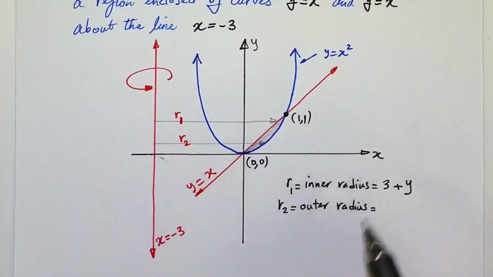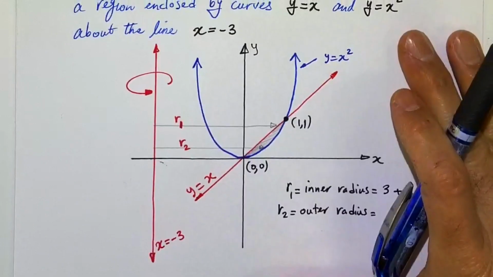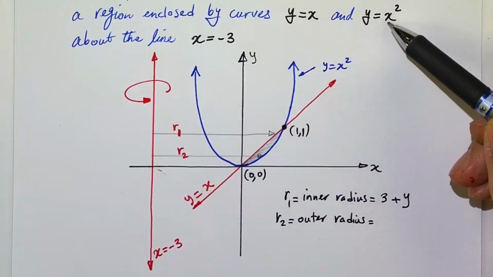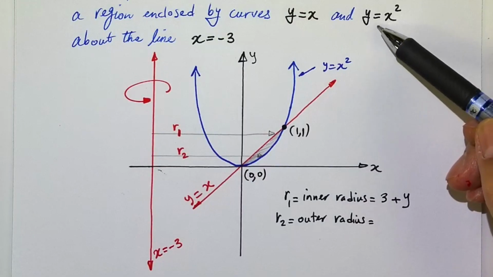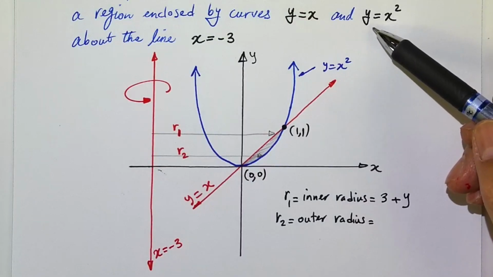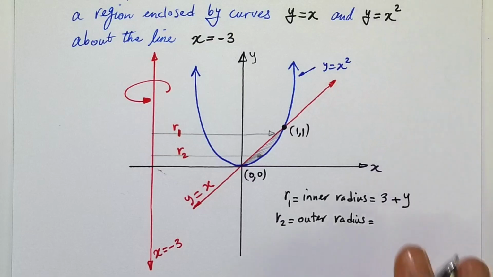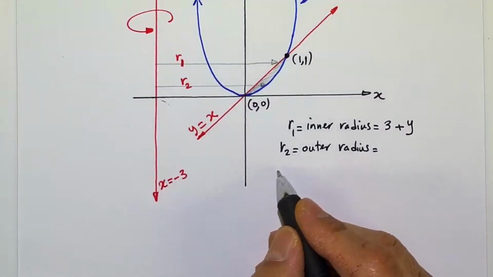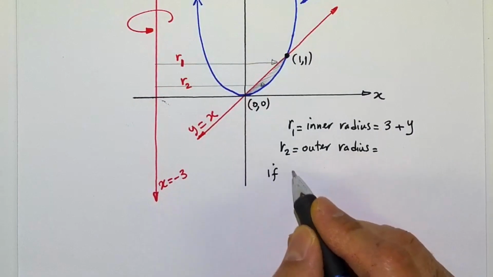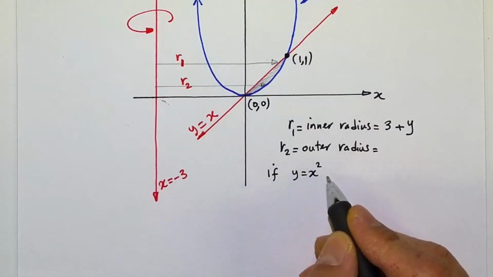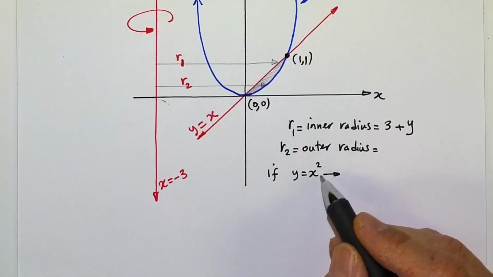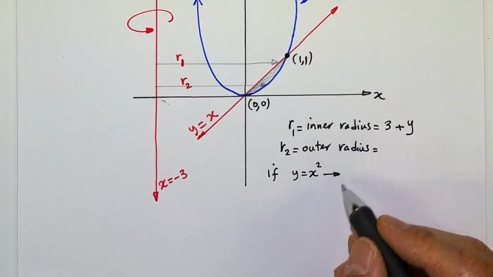Okay, so now for the outer radius, we will need to rewrite this expression in terms of x. Right now it's been written in terms of y. So let's do that. If y equals x squared, then to write this expression in terms of x, we'll have to take the square root of both sides, right?